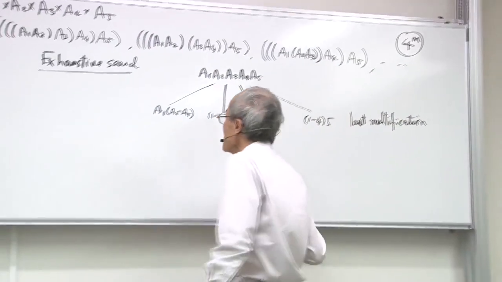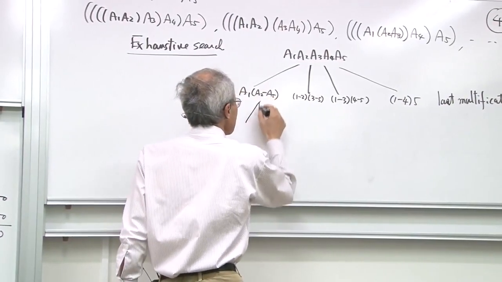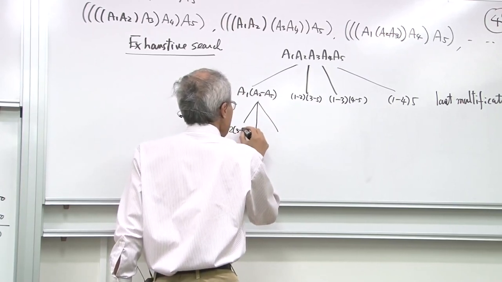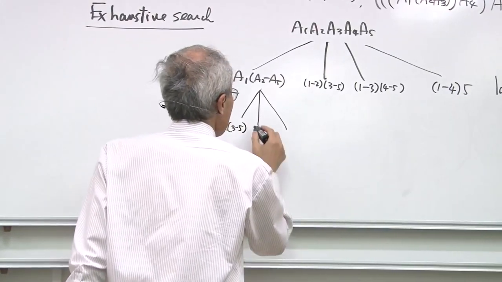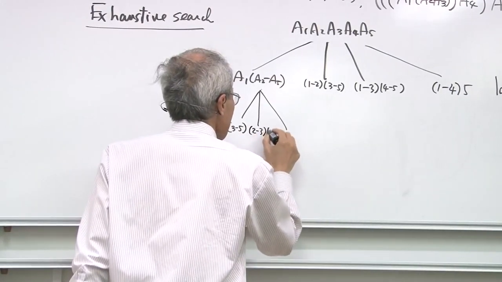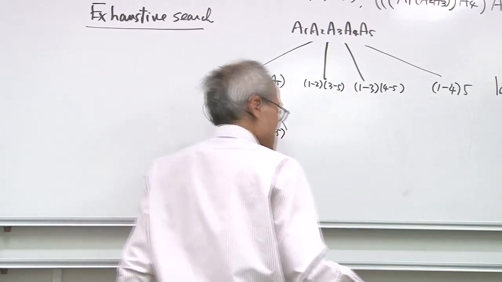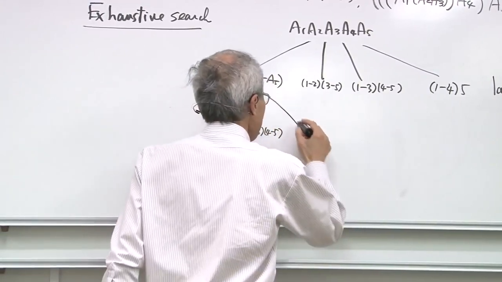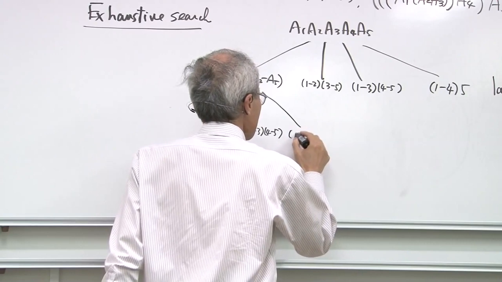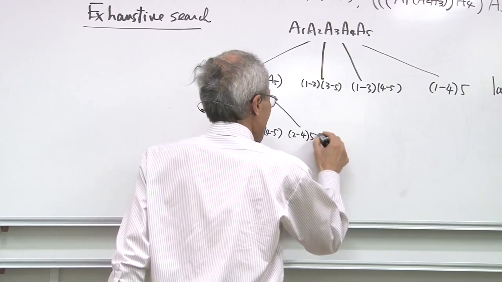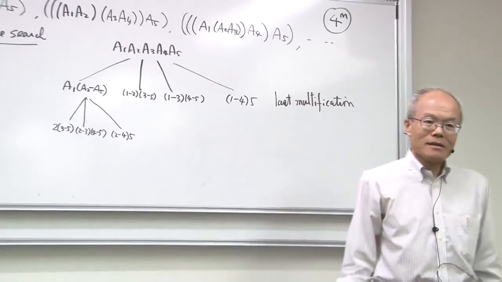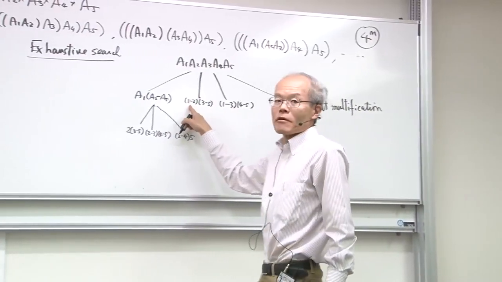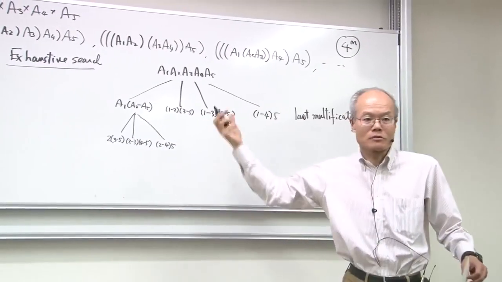Then the second last multiplication. For example, in this case, we have 3 possibilities here: A2 with A3 to A5, A2 to A3 with A4 to A5, and A2 to A4 with A5. So we have 3 possibilities. And for A1 and A2, of course, there is only one; there is no choice, 1 and 2 just multiply.